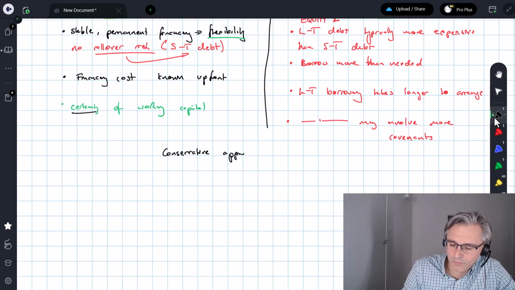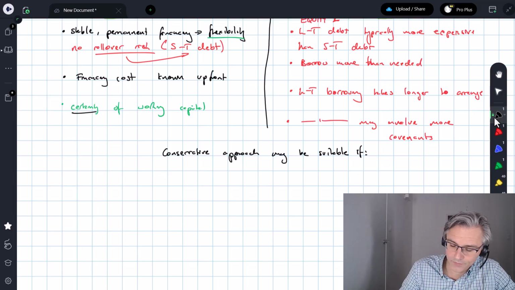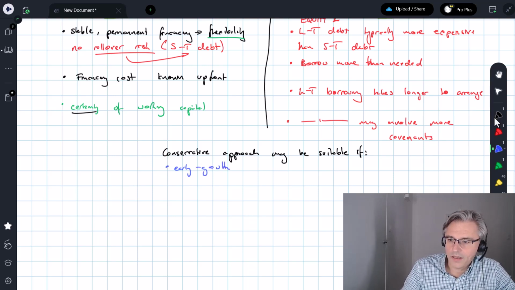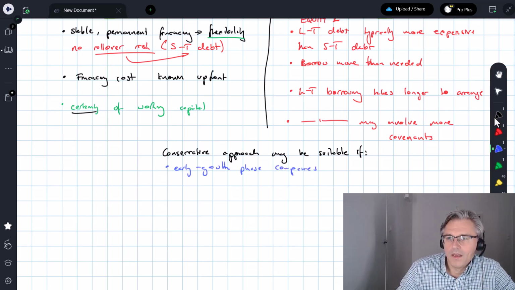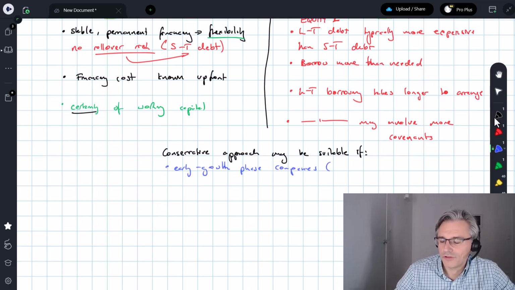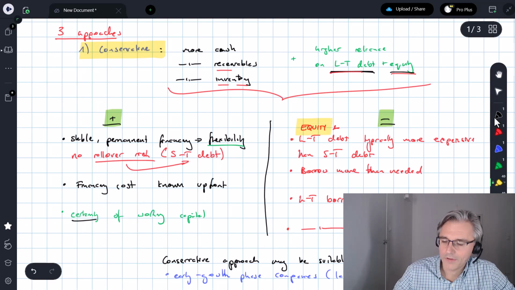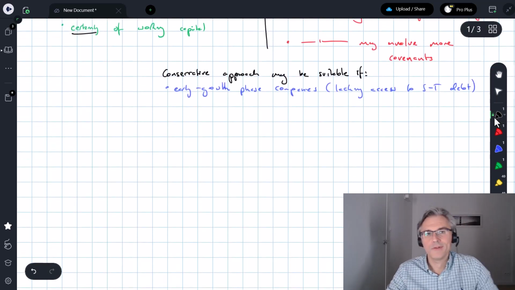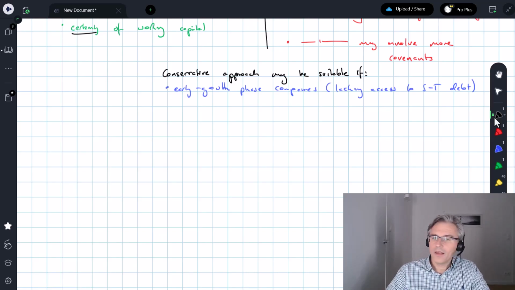So this conservative approach to working capital management may be suitable if, for example, we've got an early growth company, so a company at a relatively early stage in its development cycle, early growth phase companies, which really don't have much access to short-term debt, lacking access to short-term debt, which doesn't necessarily mean that they'll have access to longer-term debt, but they will definitely have access to equity funding from the founders, and it will be via equity funding that investments in working capital in short-term assets like inventories and receivables will have to be made, not by desire, but simply by lack of alternatives.